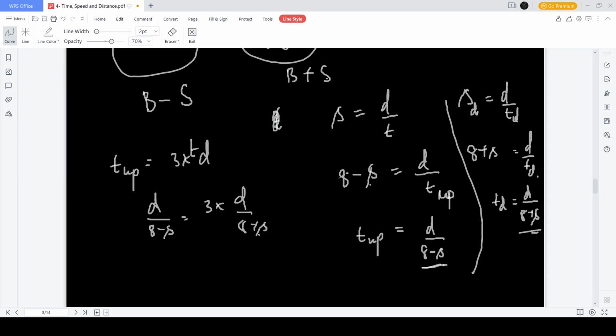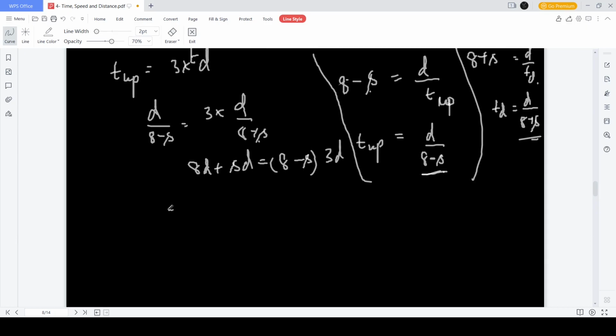Okay, we cross multiply, we get 8d plus sd is equal to 8 minus S into 3d. So you get 8d plus sd is equal to 24d. We can cancel d, we should have done it in this step.